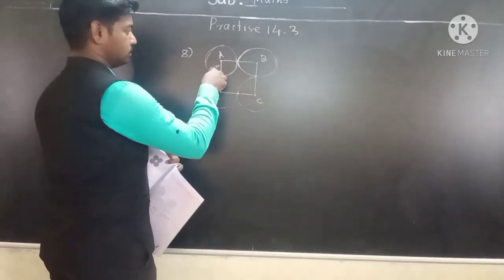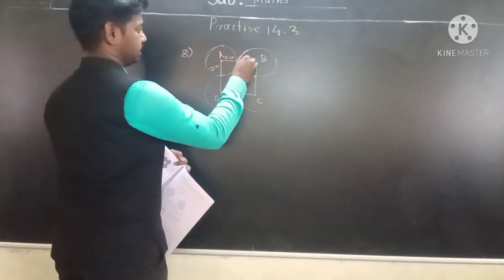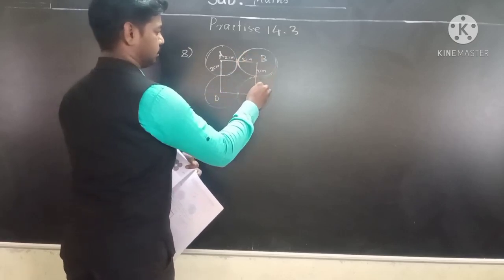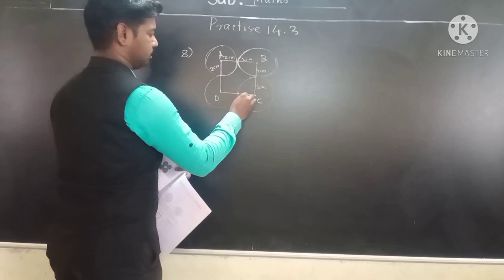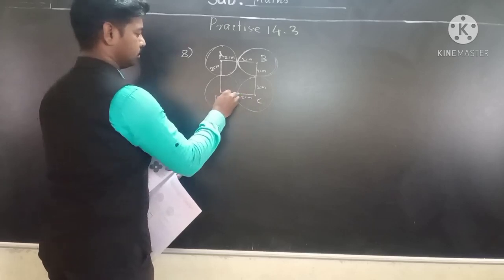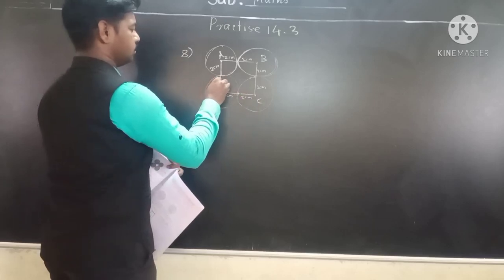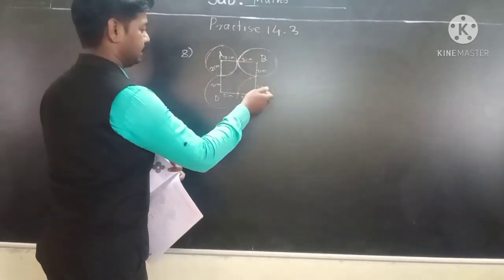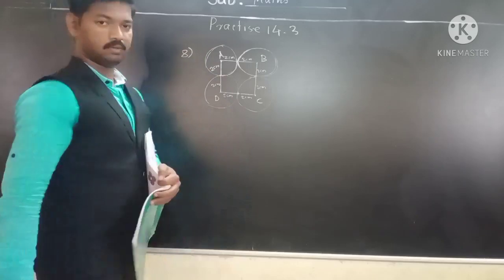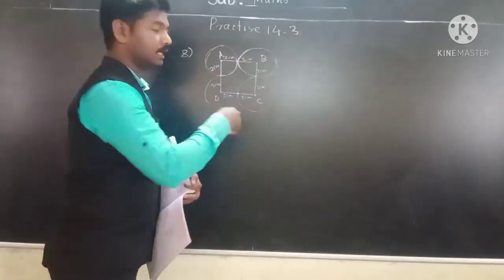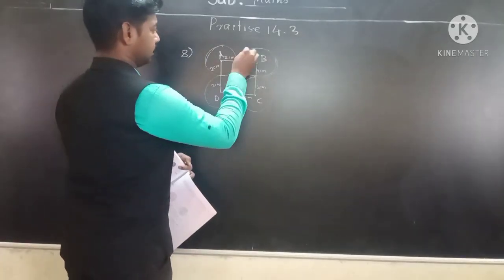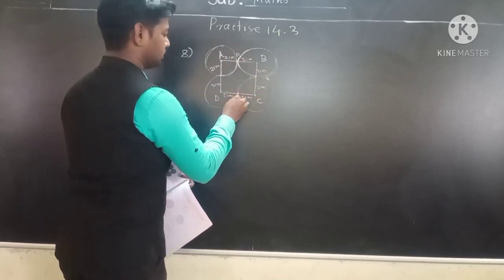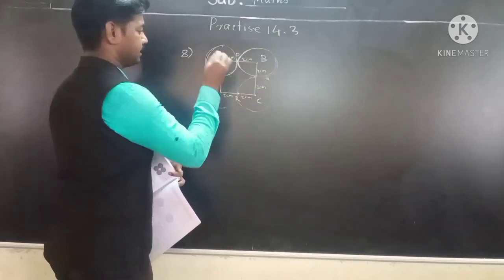We have to find AB, BC, CD, and DA. I'll give the points wherever they meet: P, Q, then R, and this S.